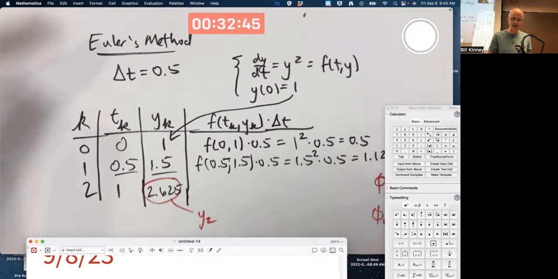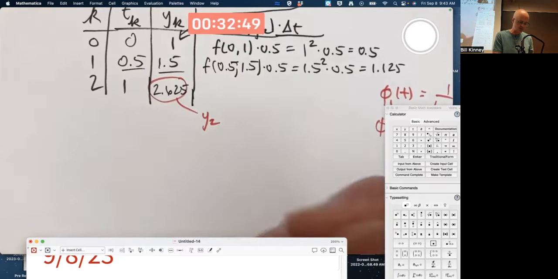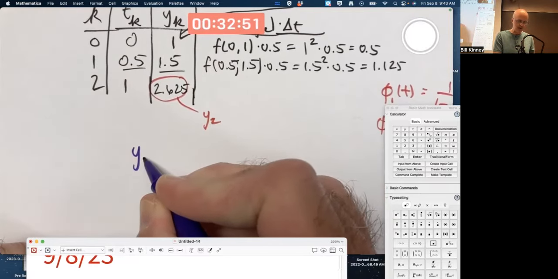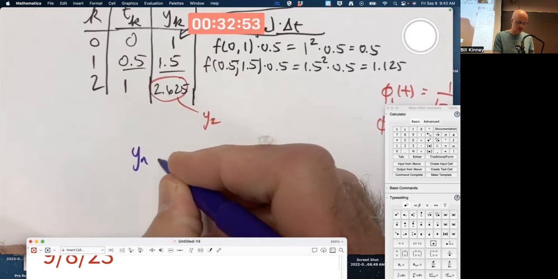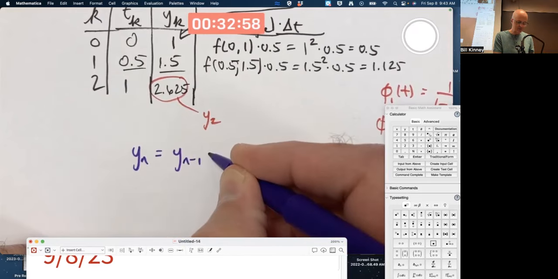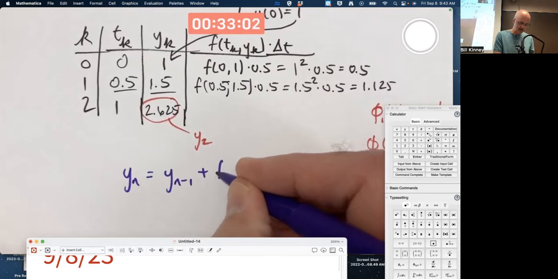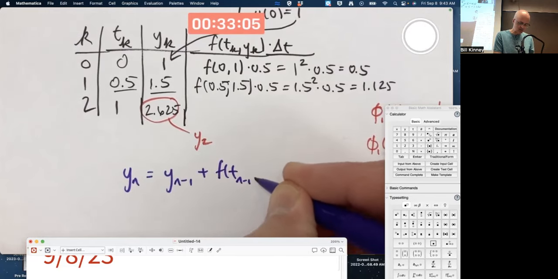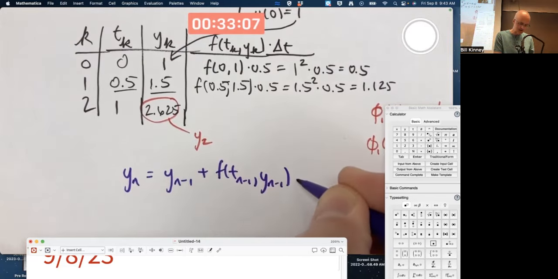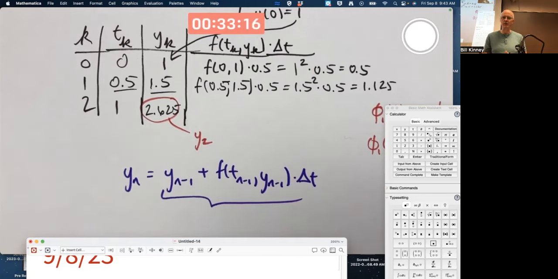The equation is y sub n, the nth value of y, is the preceding value of y plus this change in y, f of t sub n minus 1 comma y sub n minus 1 times delta t. And it's really this function right there that is being iterated, used over and over again.